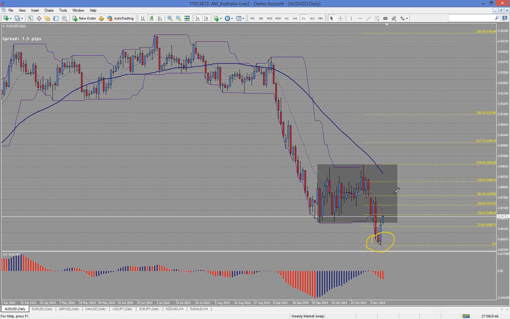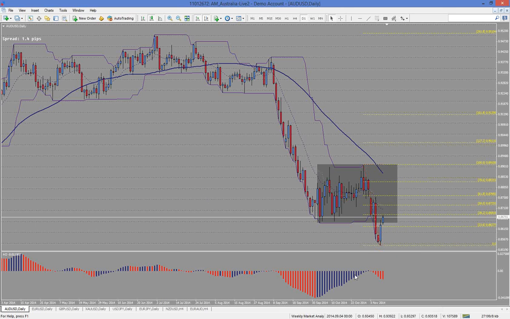Now, does that mean it's going to go back up to the 90 levels? I don't know, but what we can see now, on a daily chart, is a typical downward moving market, then a solid period of congestion or consolidation, and then a clear break in the downward direction.